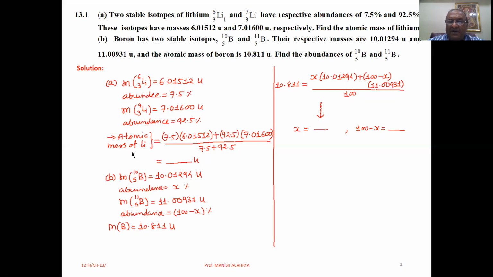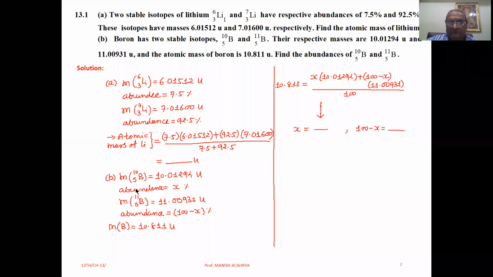So now atomic mass of lithium that is 7.5 into 6.01512 plus 92.5 into 7.01600 upon 100. Actually, 7.5 plus 92.5, that is 100. Solve it, you will get atomic mass of lithium.